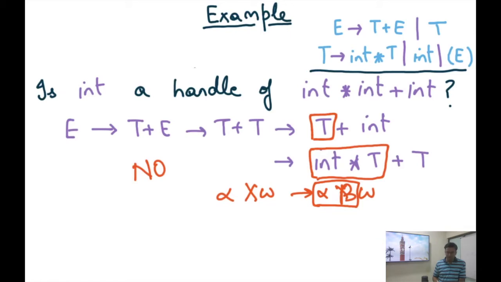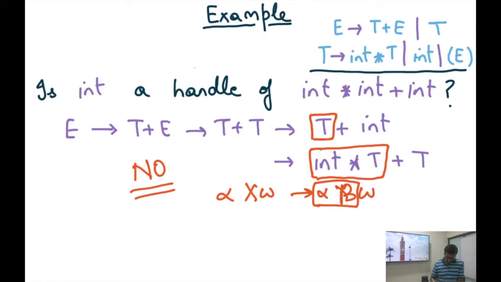Alpha would be just epsilon, beta would be int star T, and X would be capital T. And nowhere in here did we have a step which derived just the single int. So int is not really a handle, because we don't have a step in the rightmost derivation which derives int on the leftmost prefix of the string. So the answer is no.